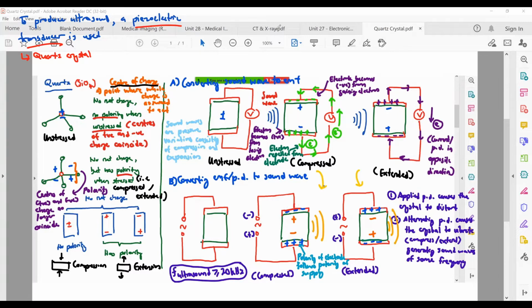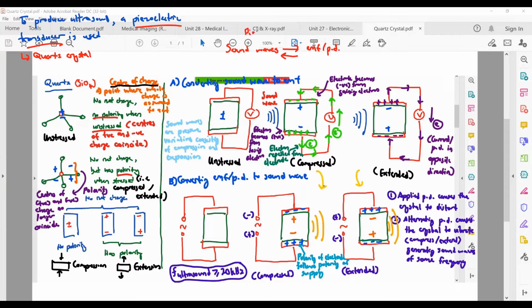Now, quartz crystal, or piezoelectric transducer, is unique in the way that if you have sound waves, you can change them to EMF or PD. And likewise, if you have EMF or PD, you can change it to sound wave.